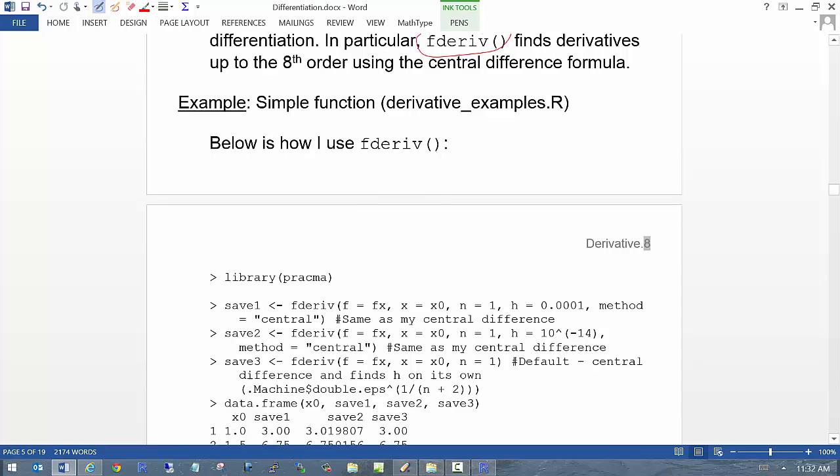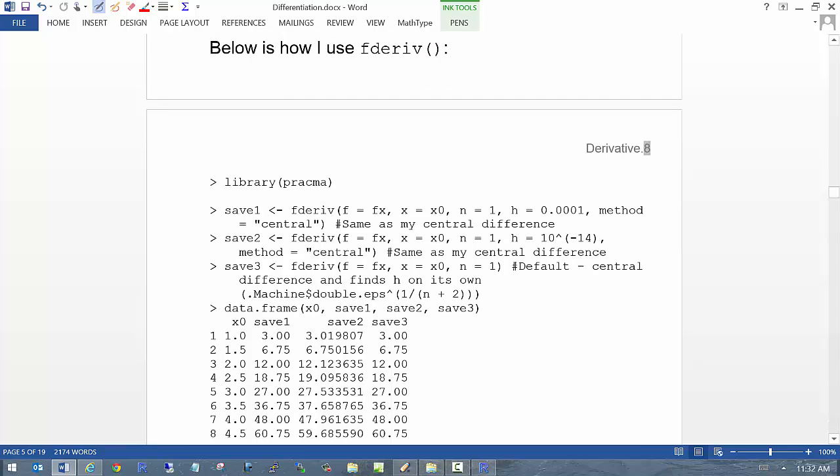Okay, so we can go back to the same example that we were looking at before. We'll shortly get to a statistical example. So if I say fderiv, I put in the function that I want to take a derivative of as my first argument, f. Then what I want to evaluate this derivative at, that's the argument x, we're going to put our x0 there.